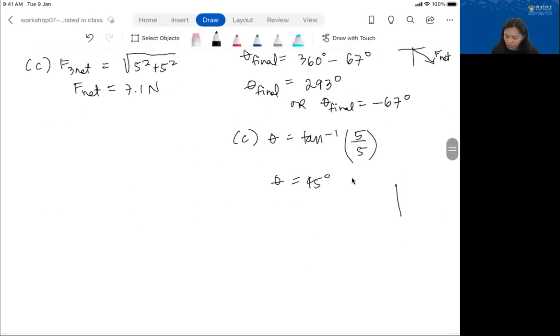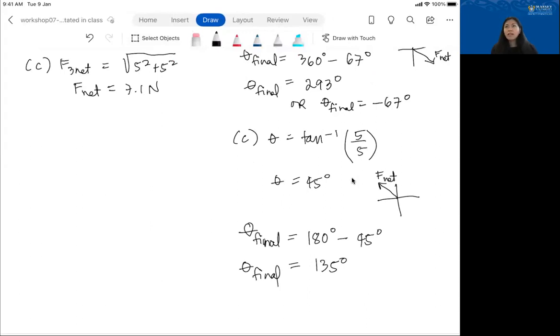So your net force here is in the second quadrant, F net. We've seen that if your vector is in the second quadrant, your final angle should be 180 degrees minus whatever you've calculated, 45 degrees. So that's 135 degrees for the final angle.